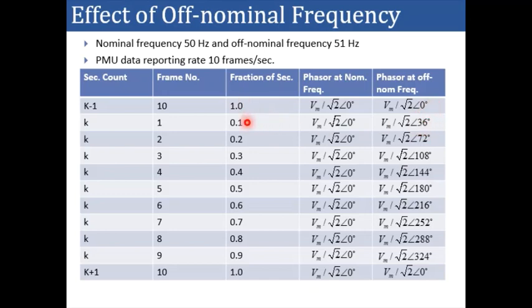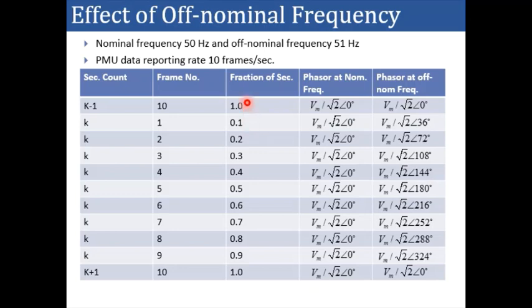Why will it rotate by 36 degree? Because the fraction of a second for the first sample will be 0.1 second. So over a 360 degree plane, if the fraction of a second is 0.1, the angle shift will be 36 degree, because in one particular second we have one extra wave of the 51 hertz signal.